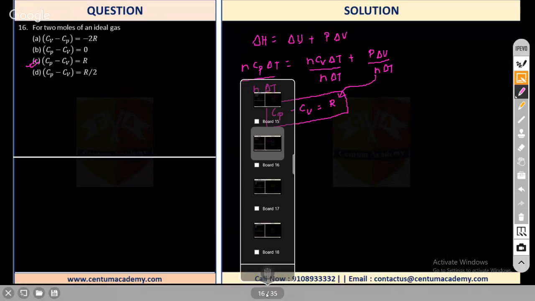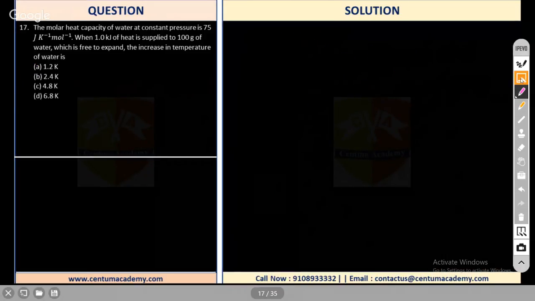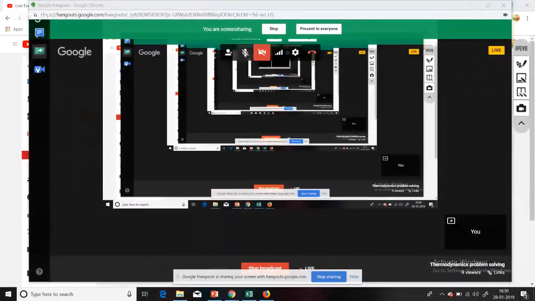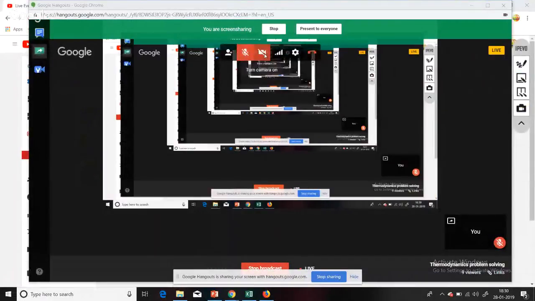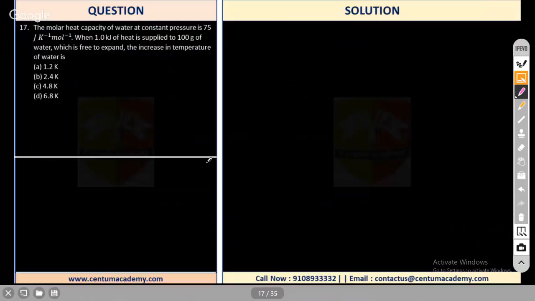Question number 17. We will not use Cp minus Cv is equals to NR. I mean, it is always R. That's what the derivation we have here.